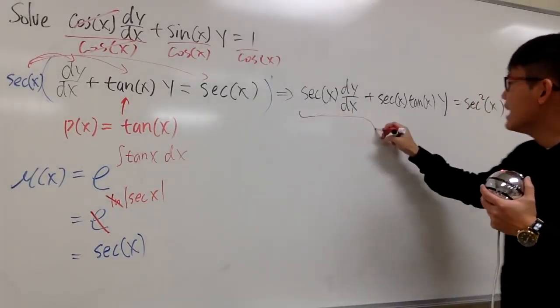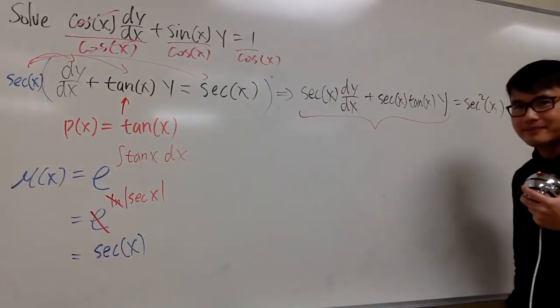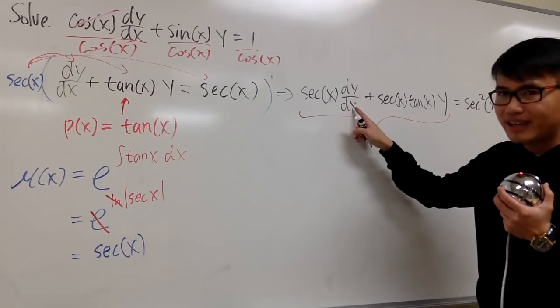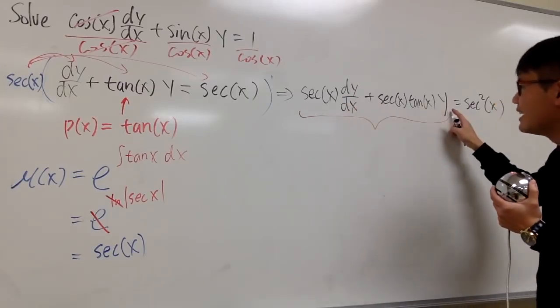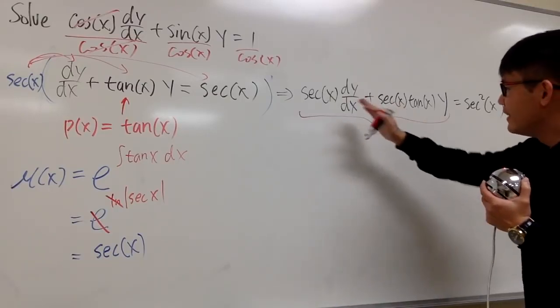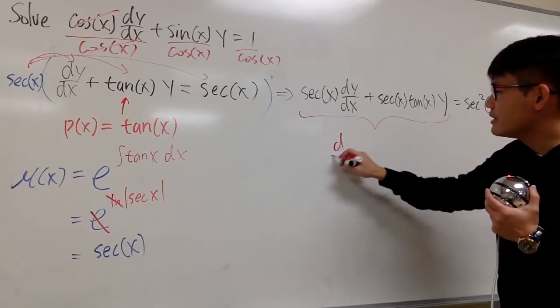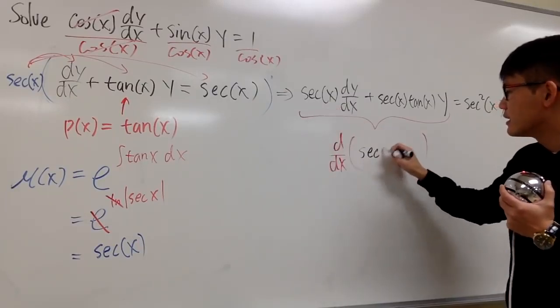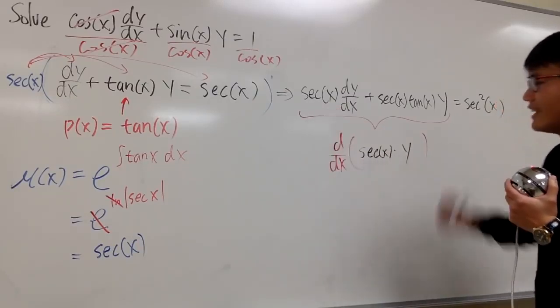On the left hand side, you see we have secant of x times the derivative of y plus y times the derivative of the secant x, right? This right here is nothing but just the derivative of secant x times y.